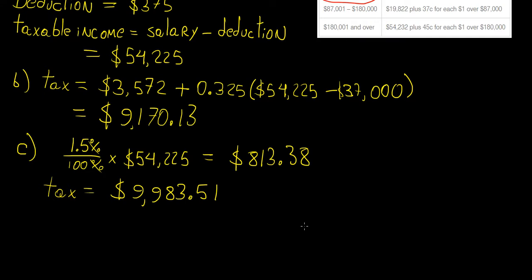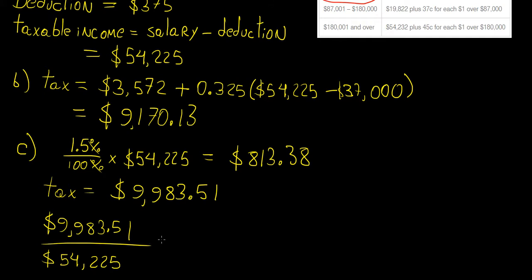Now, what if we wanted to know what percentage of his total salary he's actually paying in tax? We're going to take the taxable income, and we're going to grab the tax, and represent this as a proportion of his total taxable income.